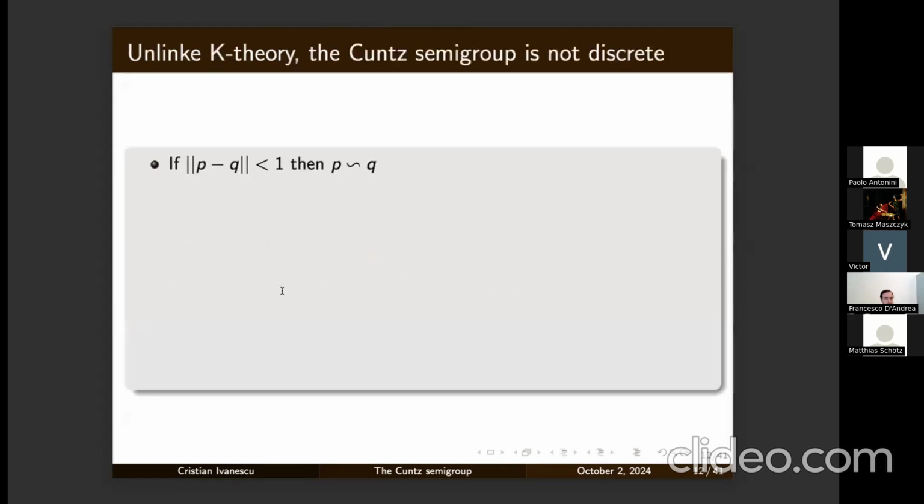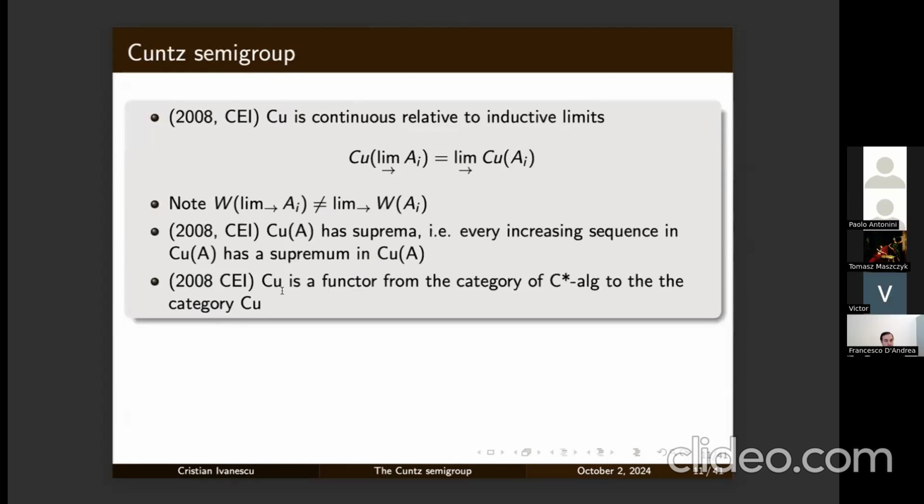Now, there's a question. Could you remind me the definition of the supremum in the sense of the semigroups? So if you have a sequence of elements, now we have an order on the Cuntz semigroup, so we know what it means to be increasing.